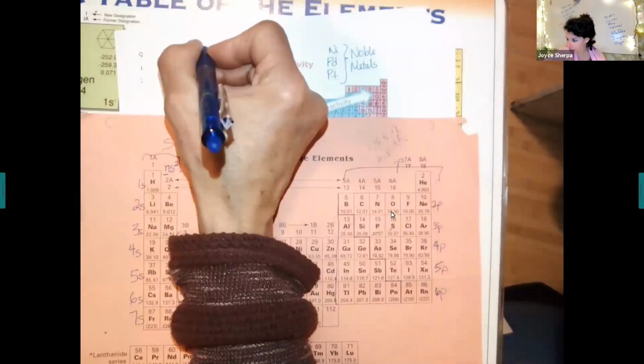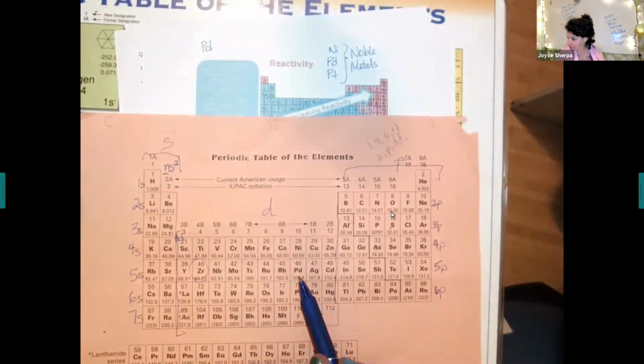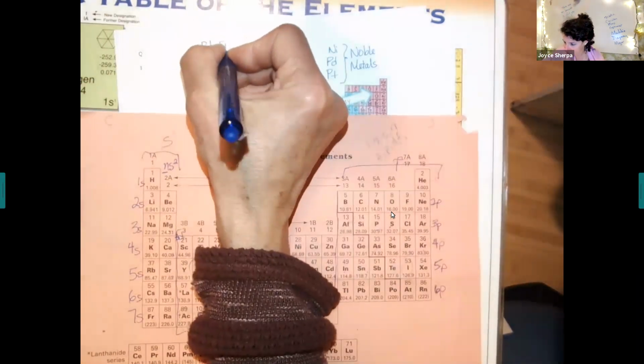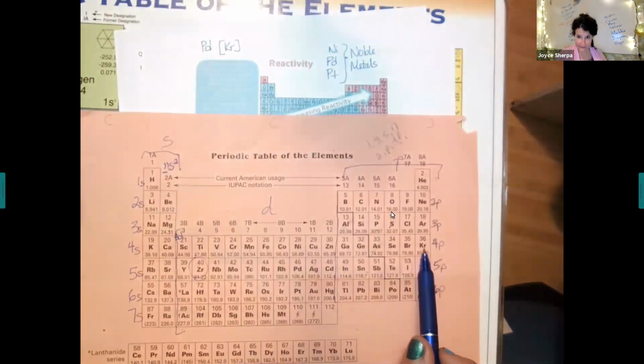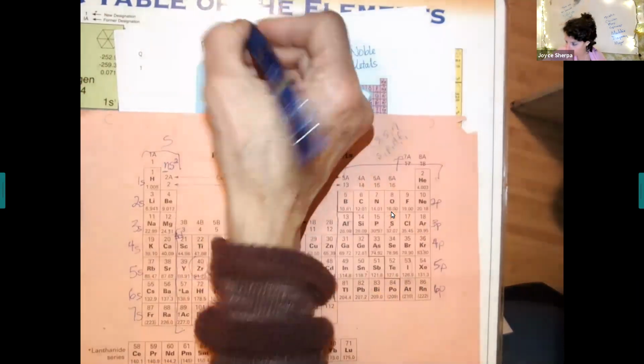Well, let's look at palladium. Let's do palladium's configuration. We'd start with krypton, right, the previous noble gas. And then after 36, you come to 37 and you would write 5s2.